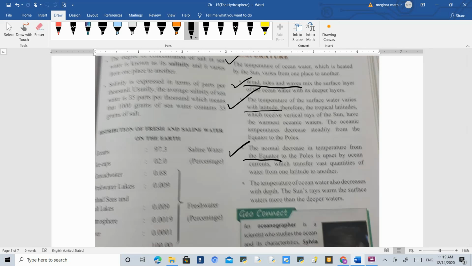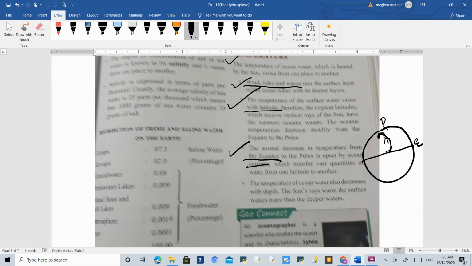But another thing is currents. Currents we will understand in a later chapter, but what is a current? A current is the movement of water. Okay, if this is your earth and this is the equatorial line, and this is your polar area, and the water moves like this, when it starts from the equator, it will be hot, but by the time it reaches the polar area, it will become colder and colder.